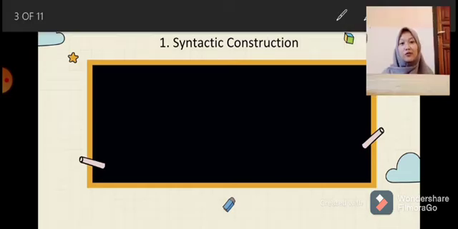Do you still remember the definition of syntax and syntactic construction? Yes? Okay, good. In the previous meeting, we have already discussed the definition of syntax and syntactic construction, but I just want to recall our memories.